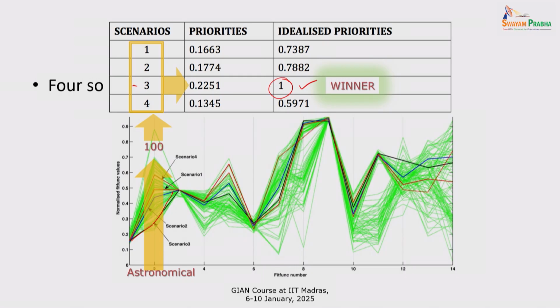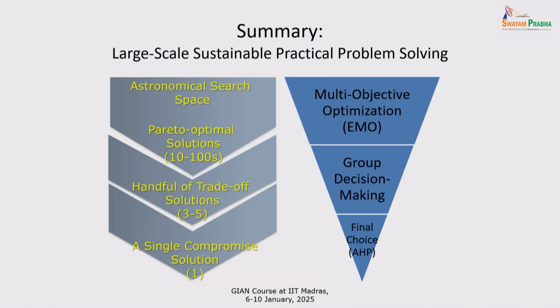You still have to sit with them to do this, and if you can get from 100 to 1, great. If not, then you use this AHP concept and pick a winner. So that's the whole thing I'm talking about, and the search is more over here where you can use EMO, then group decision making, and then final choice through AHP.